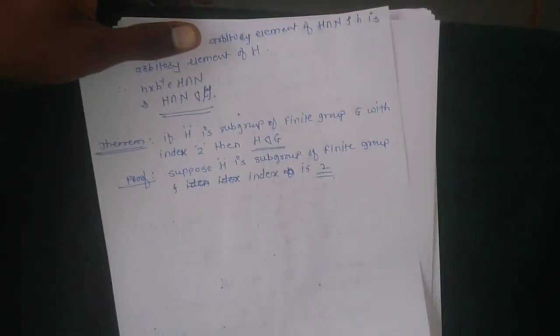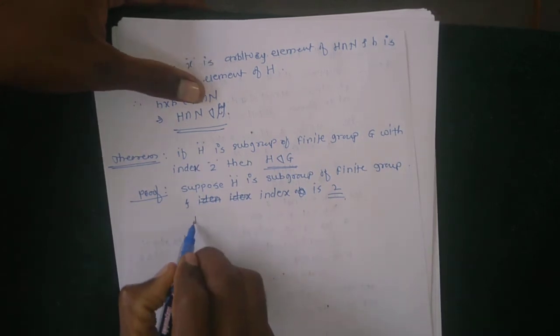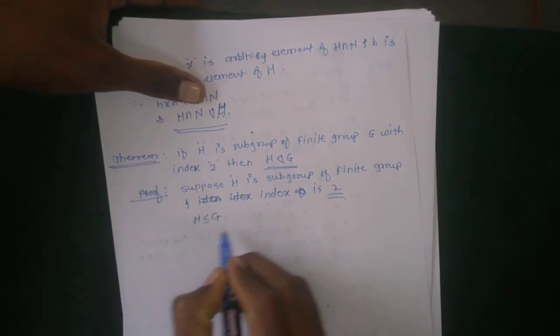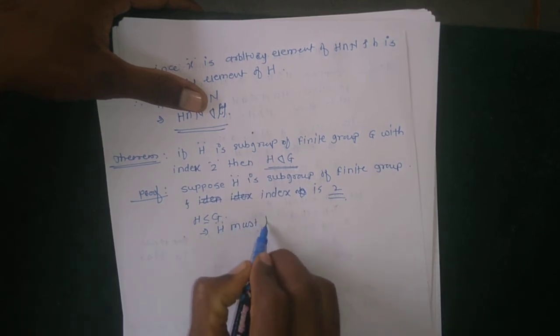Okay, given that H is a subgroup of a finite group and the index is 2, which implies that H must be finite.